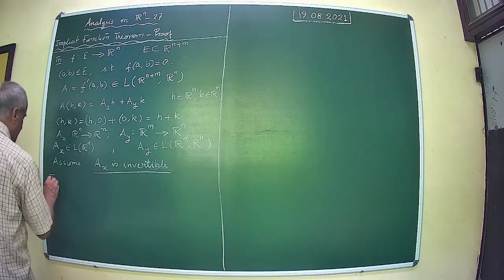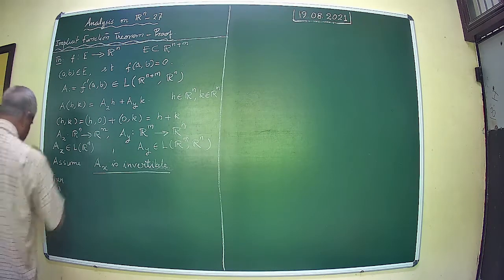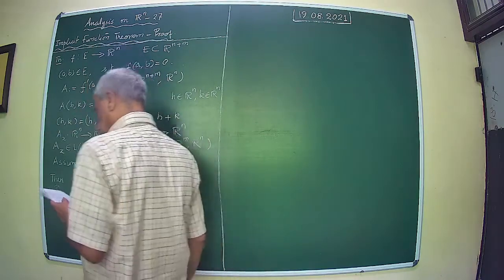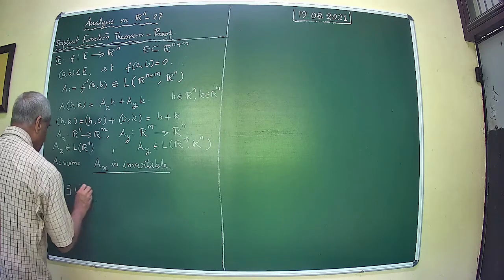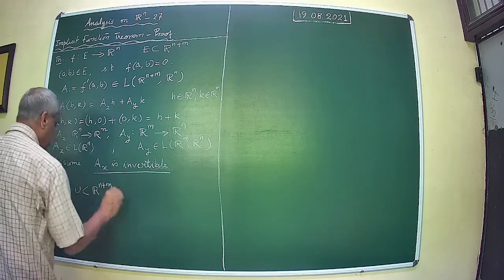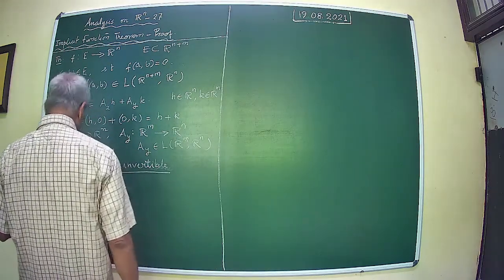Then the first statement that we are trying to prove is the following. There exists an open set U, in fact U is contained in E.